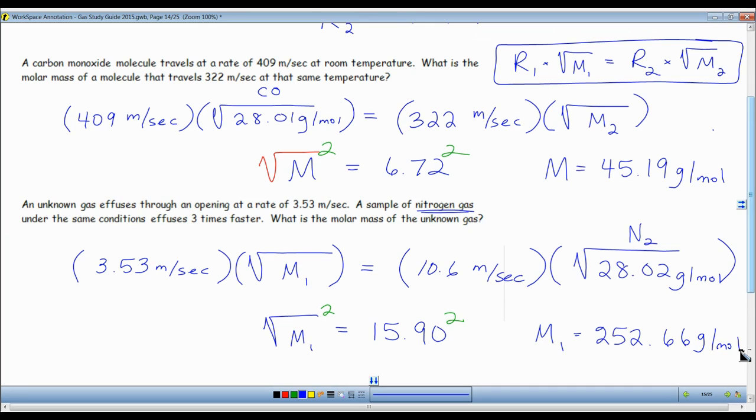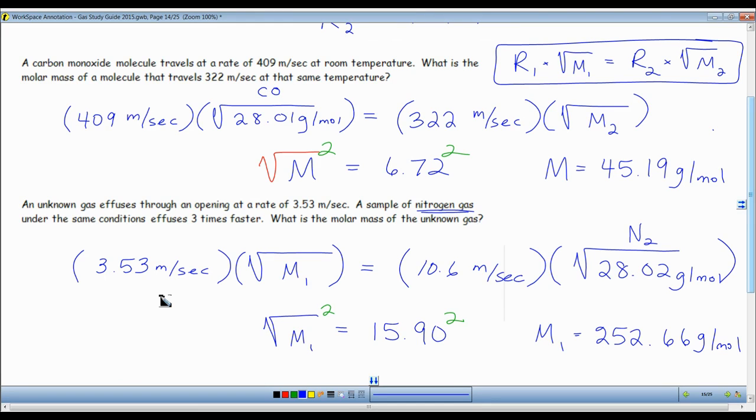It really doesn't matter what the specific rate was. You can make up whatever you want. If you did this calculation, as long as the nitrogen moves 3 times faster than the unknown gas, your calculations are going to come out to be exactly the same. It really doesn't matter what the specific rate is, as long as you keep the proportion the same.